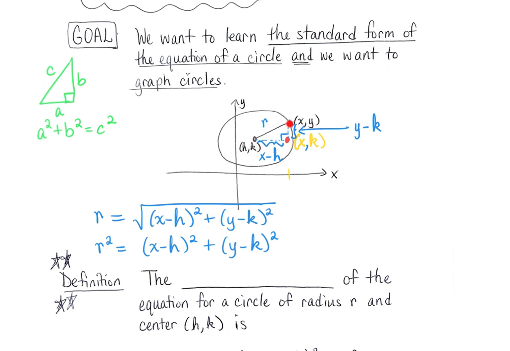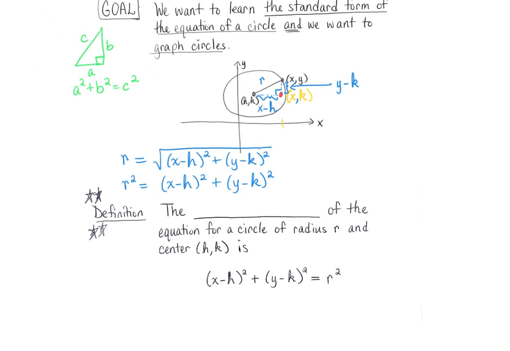We found this vertical distance here because it's the change in the y values. And that's how we came up with this, using the all-knowing Pythagorean's theorem.